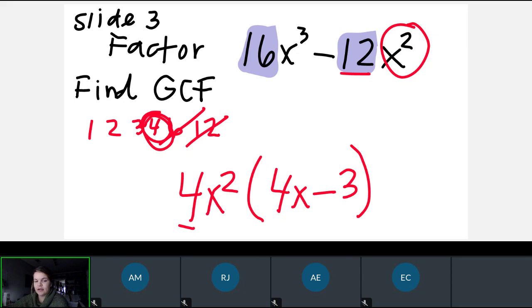We don't have any other factors because, hold on for just a second. I'm trying to explain to you how to get these factors. We don't have any other factors because if I did 48 divided by 7, I don't get a whole number. And then the next whole number I would try is 8, but we already have 8 listed.